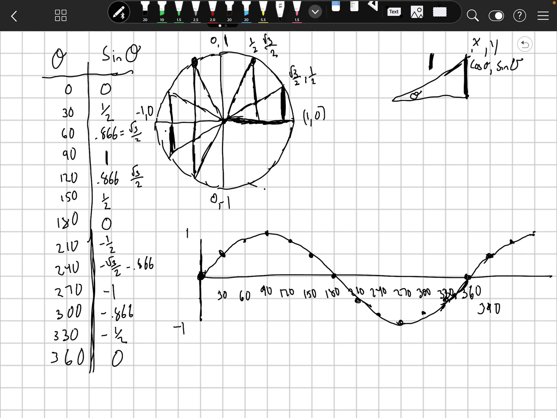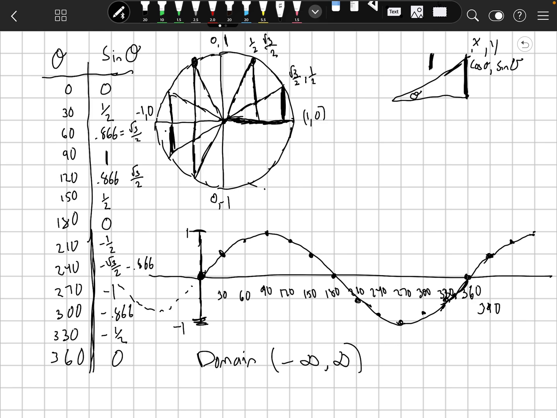So some important things to think about. First of all, let's talk about the domain and range. You can put in any number for an angle. You could even put in negative numbers. But the thing you're going to get out is always going to be between 1 and negative 1. So the domain is negative infinity to infinity.